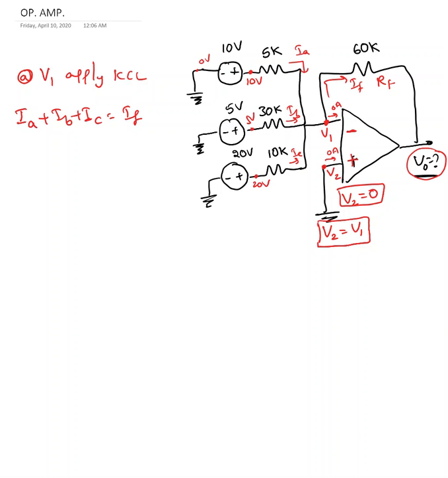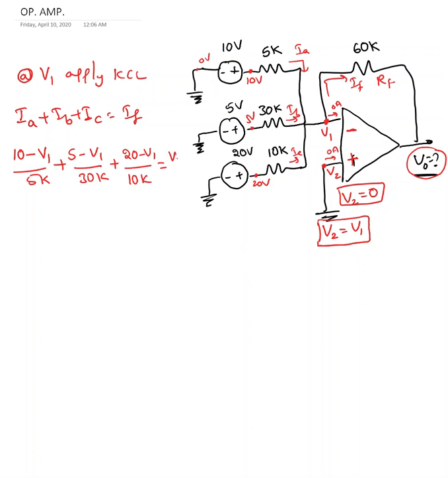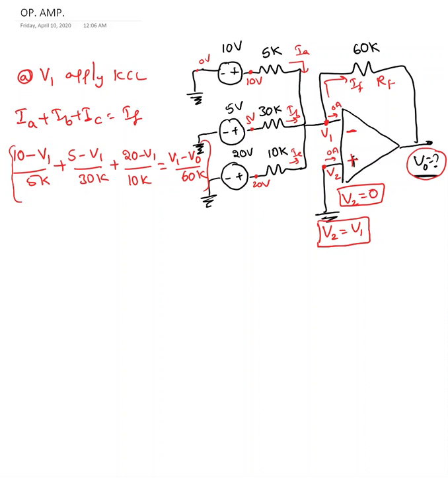Okay, so IA, I can take this as 10 minus V1 over 5K plus IB, 5 minus V1 over 30K plus IC is nothing but 20 minus V1 over 10K equal to IF, which must be equal to V1 minus V0 over 60K.